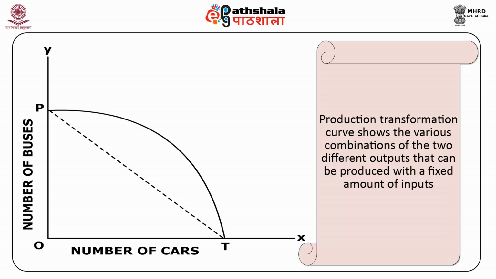If the production transformation curve is a straight line, then joint production would give no advantage. In such a case, an individual company producing only cars and another only buses would produce the same level of output as a single company producing both the products.